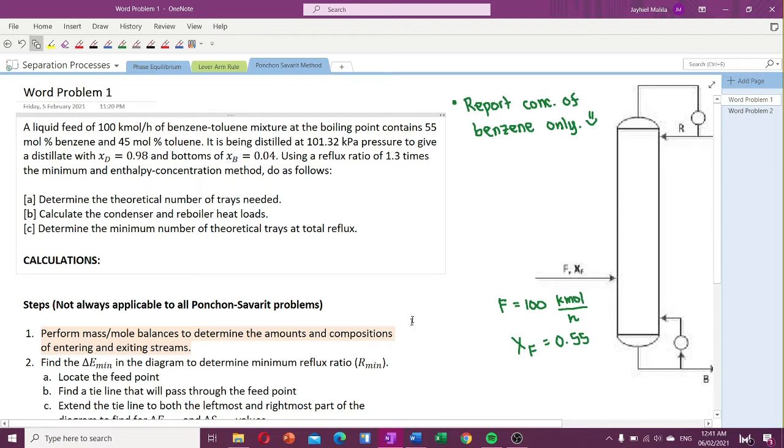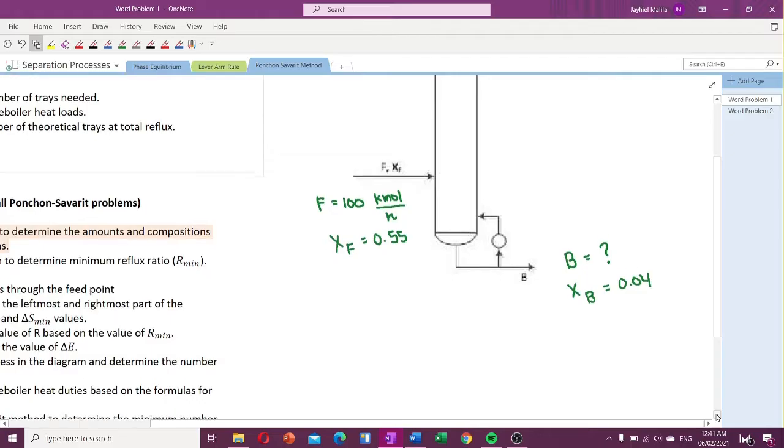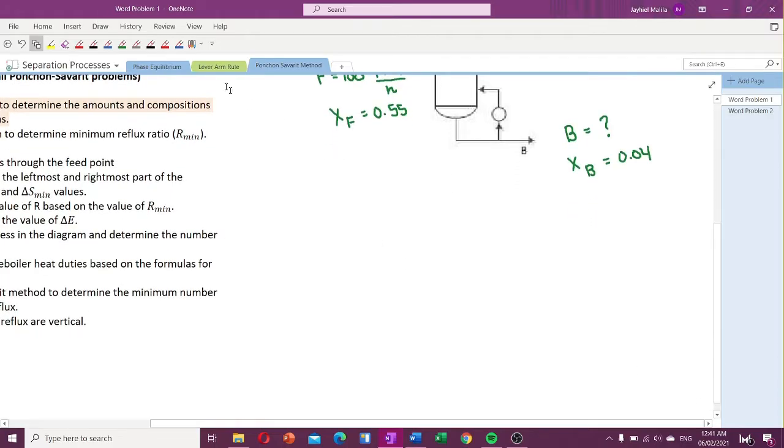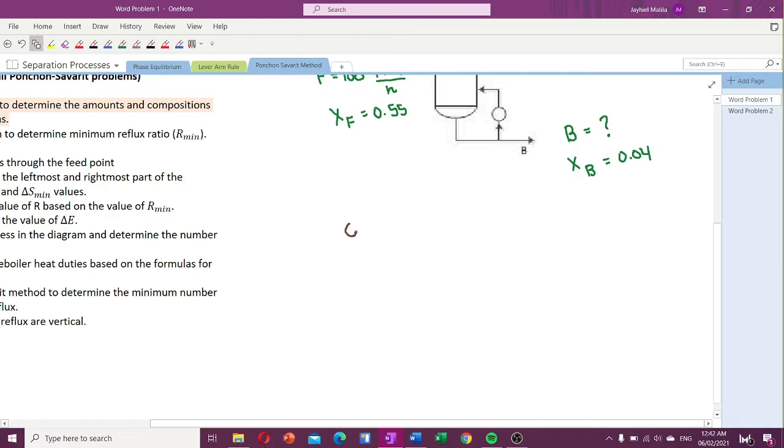This is very basic chemical engineering skill. You have to perform overall and component mass balances. So let's start with the OMB, overall mole balance.